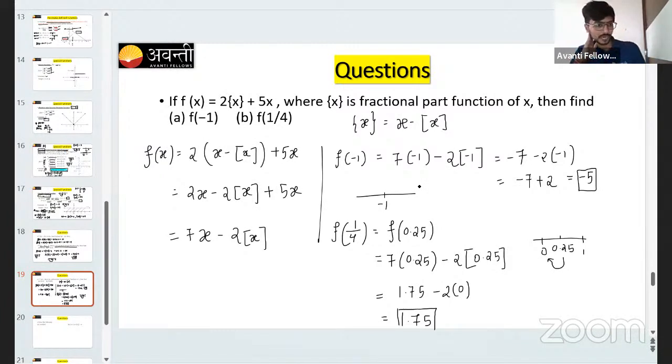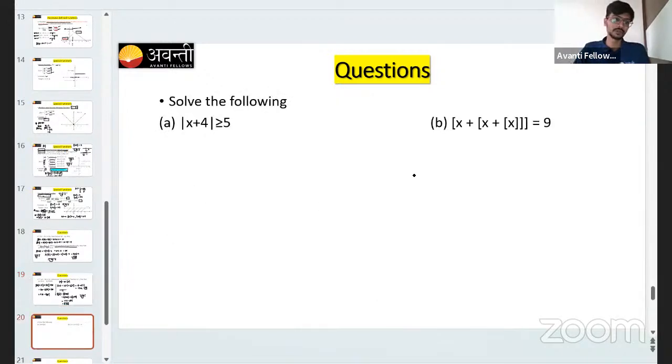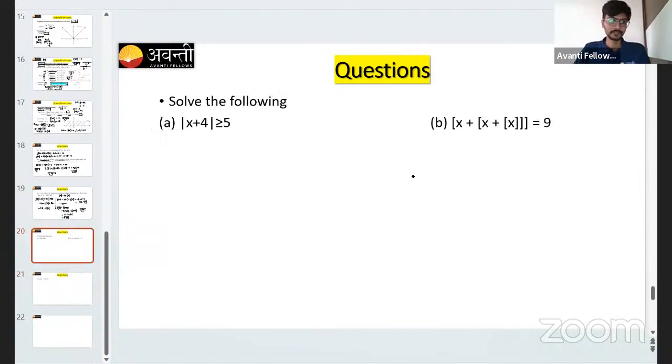Let's move on to the actual questions. Okay, so this is the main part, where we need to do something. If we remember the definition of the function, it will get very simple. So let's solve part A. रिमेंबर मैंने बोला था कि अगर मॉड्यूलस फंक्शन आया तो प्लीज यूज इट्स डेफिनेशन.